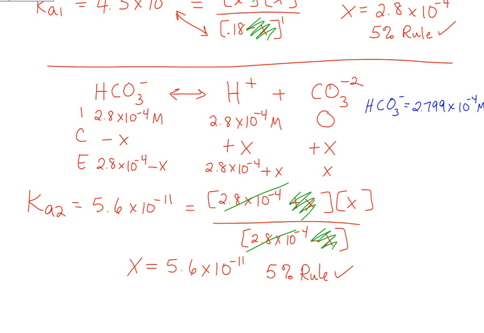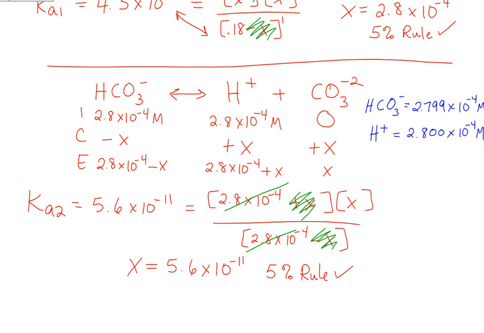Now we finally have hydrogen. I produced a little extra hydrogen in the second step. But again, if I plug this in my calculator, it is almost insignificant. 2.8000 times 10 to the negative 4th molar. Did I get a little extra hydrogen?